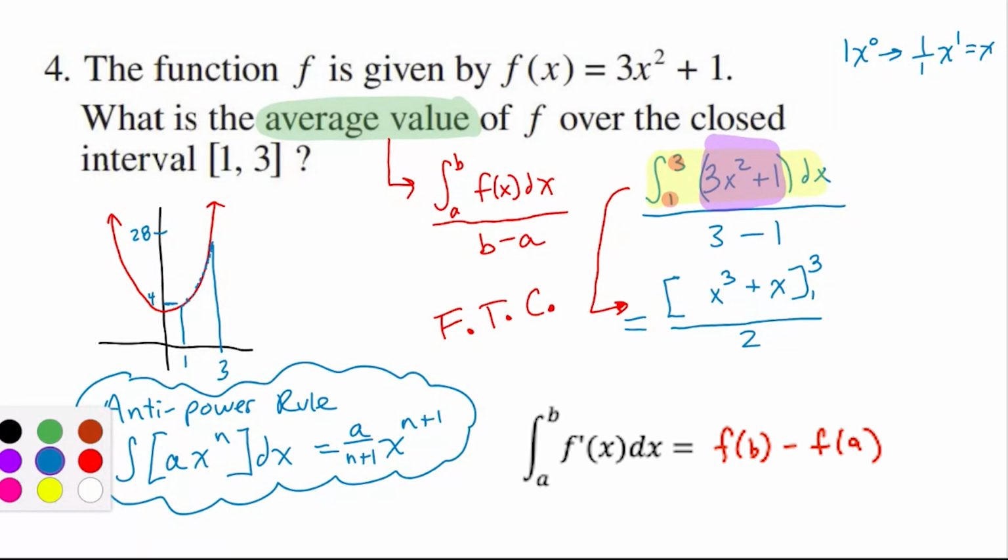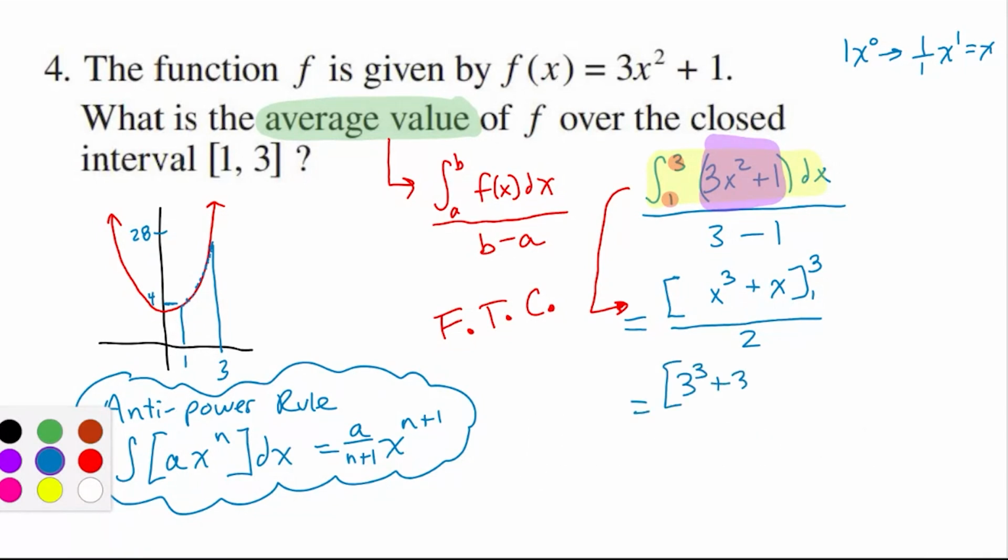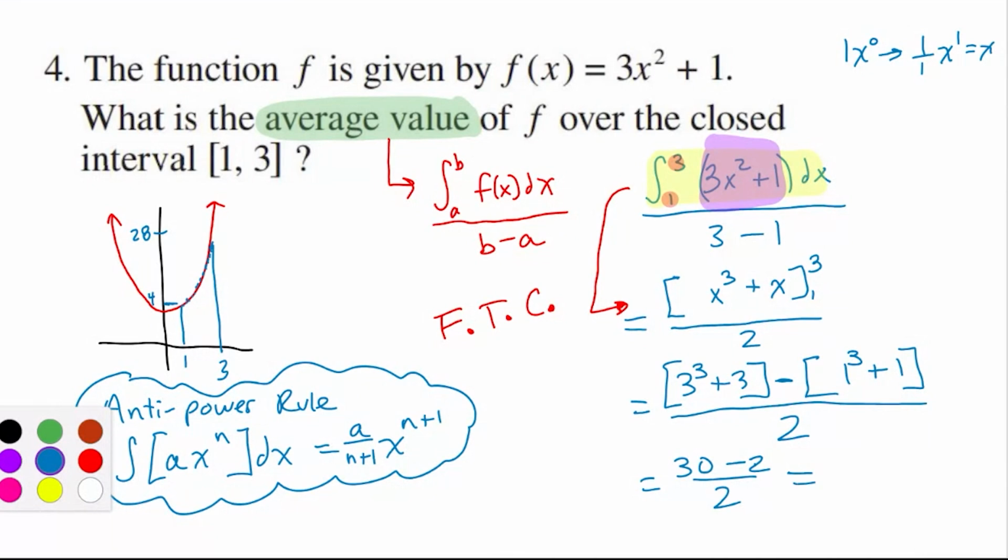We substitute in 3, so 3 cubed plus 3. Then we also substitute 1, so 1 cubed plus 1, find the difference of those, and finally divide by 2. So 3 cubed is 27, plus 3 is 30. So we have 30 minus 1 plus 1, which is 2, over 2. 30 minus 2 is 28, and 28 divided by 2 is 14.